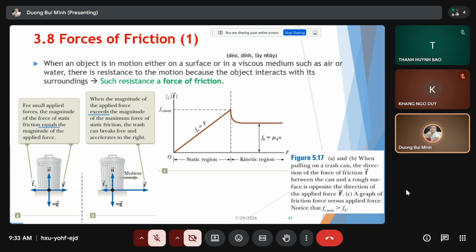Here the object will start to move. And after some time, we get Fk. This is the steady state of Fk, the kinetic force, and this one is Fs.